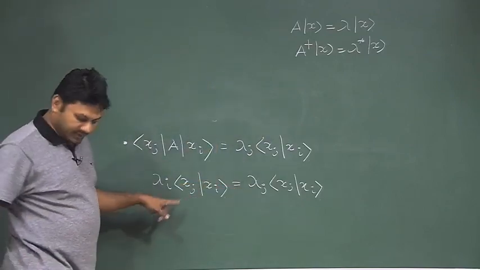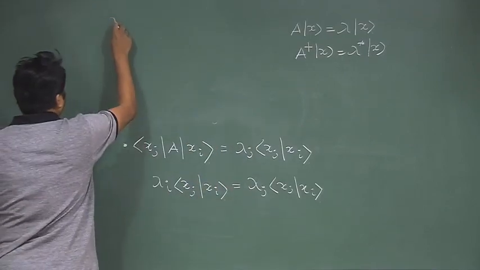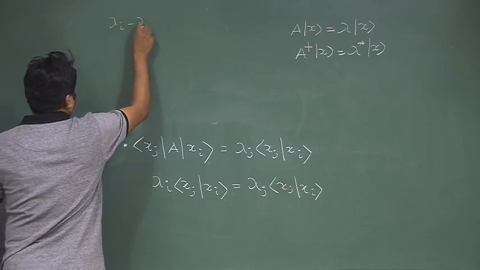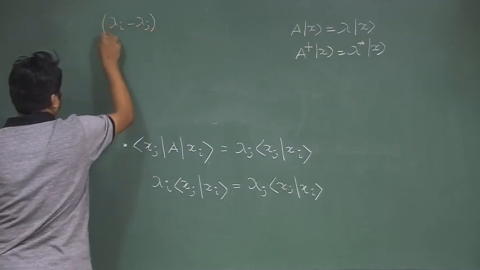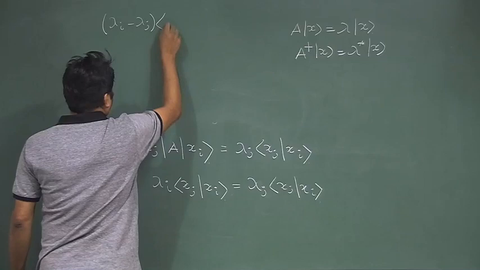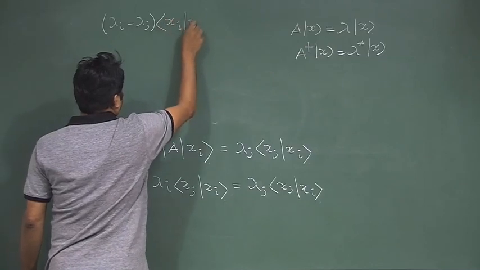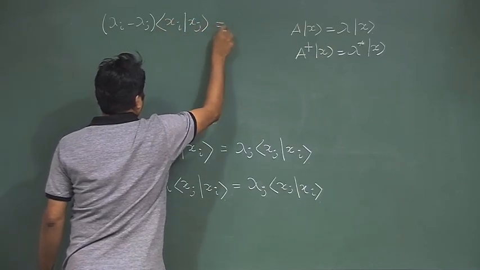Now, I put these things this side. So, (lambda_i minus lambda_j) x_i x_j is equal to 0.